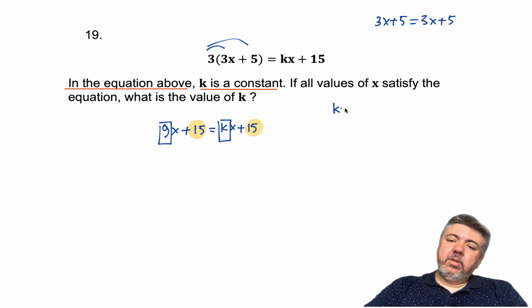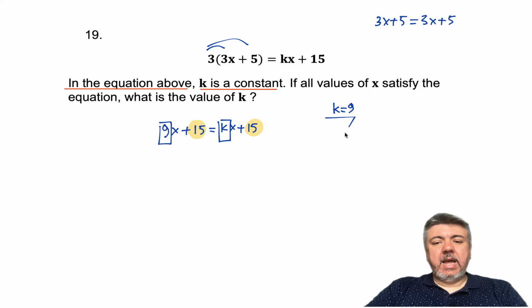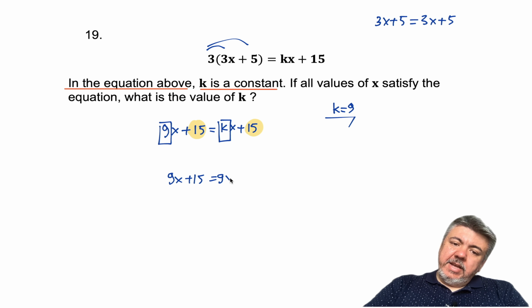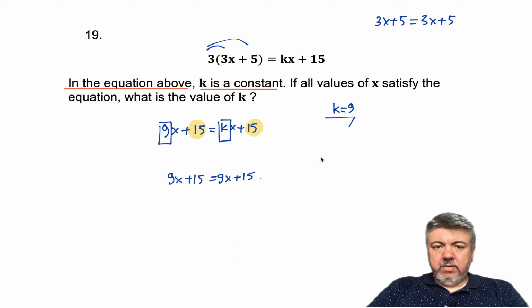So we are sure that the value of k being 9 will give us an equation with infinitely many solutions. All x values will satisfy it. Okay? It's going to be like 9x plus 15, 9x plus 15. That's going to work.